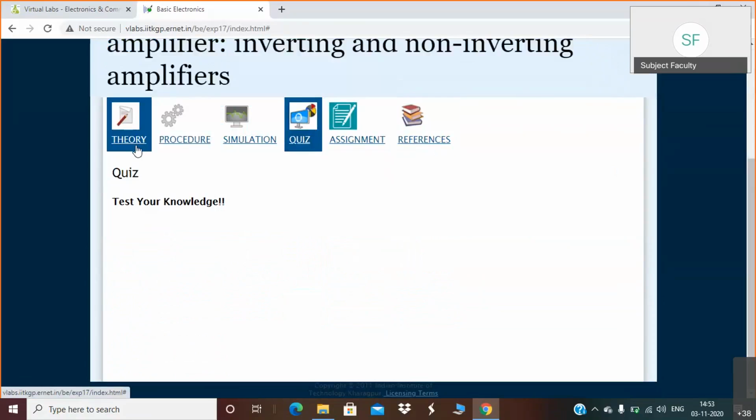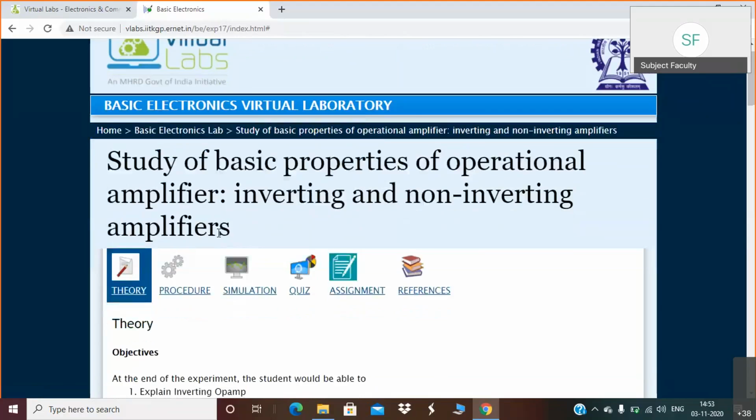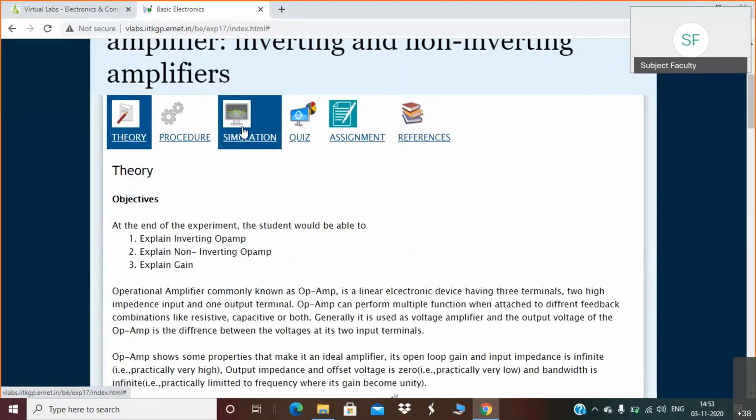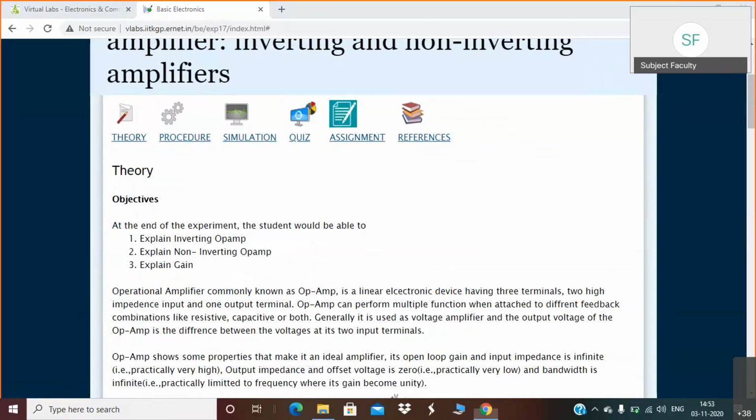Anyway, these three icons are important to you: theory, procedure, and simulations. So just let me know whether it is clear to you how to access this lab and how to perform the practical of inverting and non-inverting amplifier. Just give me your feedback whether you have understood it or not.